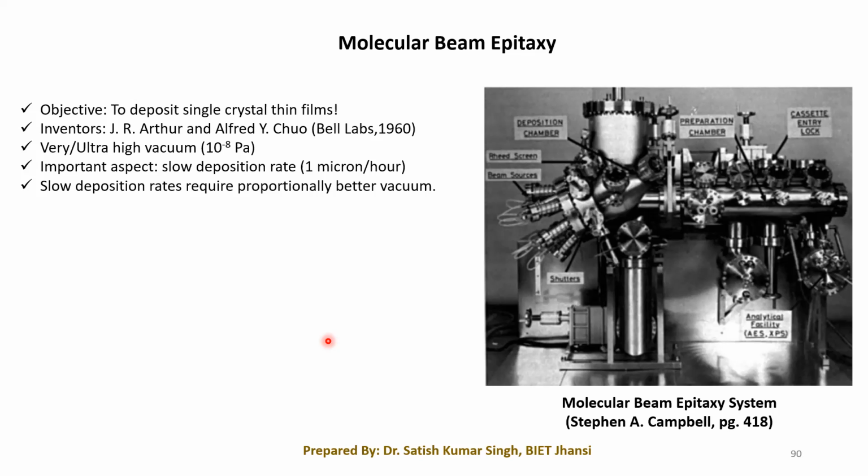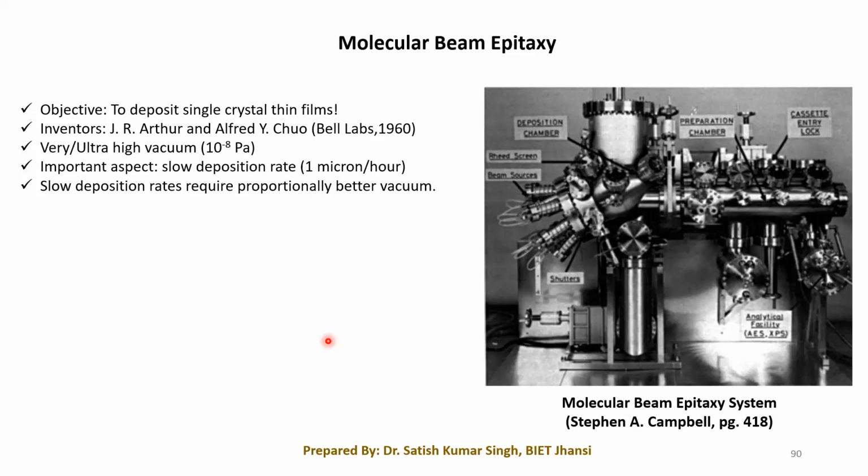In vapor phase epitaxy, whatever material we want to deposit onto the surface, like in the case of silicon wafers, if we want to grow an epitaxial layer of silicon, then we took a particular source of silicon, and that was sent to a growth chamber in the form of vapors, and then a chemical reaction took place, and a layer could be grown over the surface.